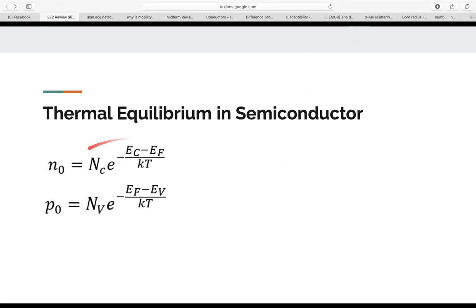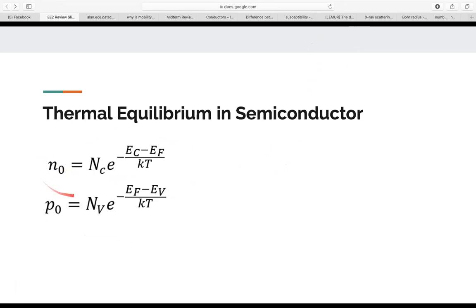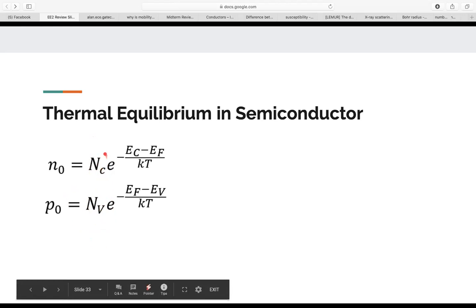So in thermal equilibrium in a semiconductor, the number of electrons is given by this equation, where NC is the number of states in the conduction band and NV is the number of states in the valence band.